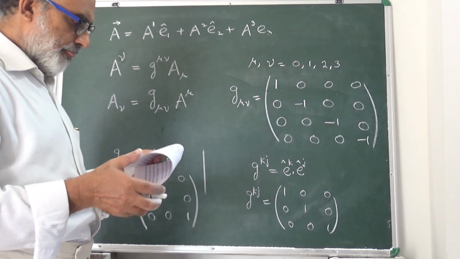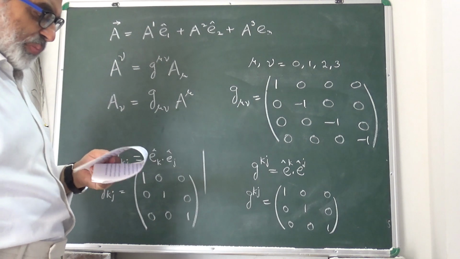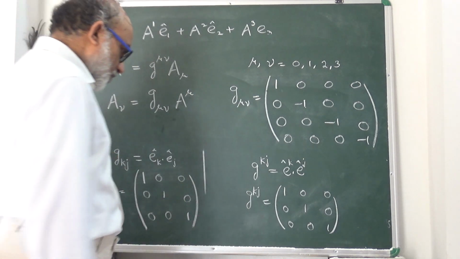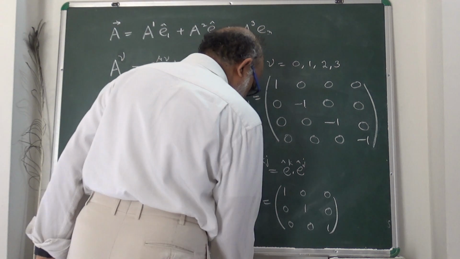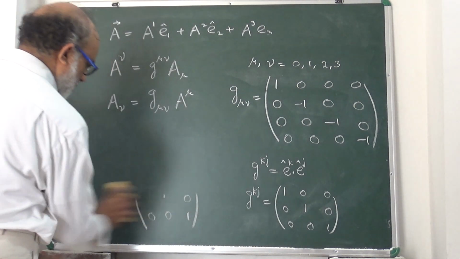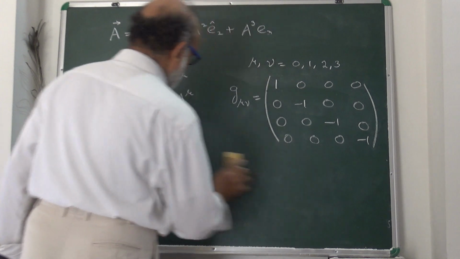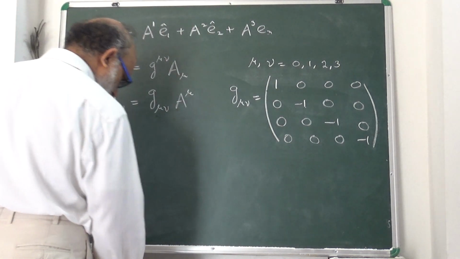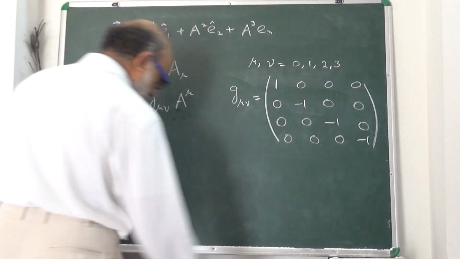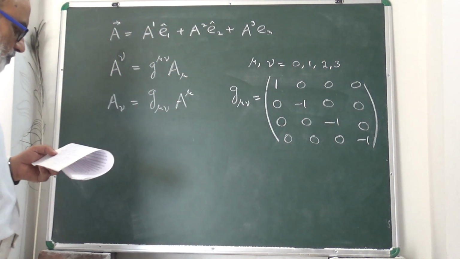So that's why we are used to writing one component as covariant and another as contravariant.